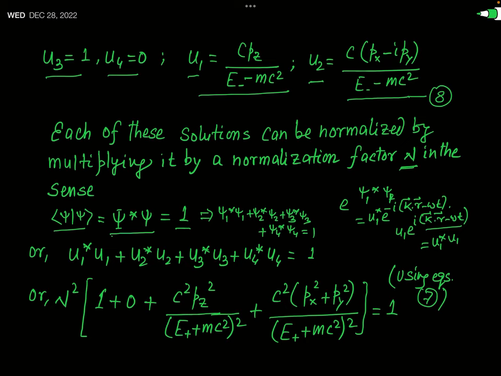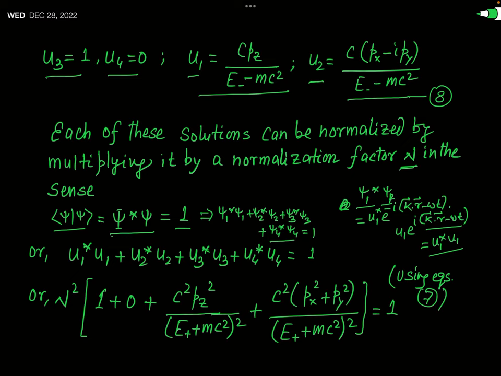As you can see, when we take the product psi1 star times psi1, it becomes simply equal to u1 star u1. In a similar manner, psi2 star times psi2 will be simply equal to u2 star times u2, psi3 star psi3 will be u3 star times u3, and psi4 star psi4 will be simply equal to u4 star u4.